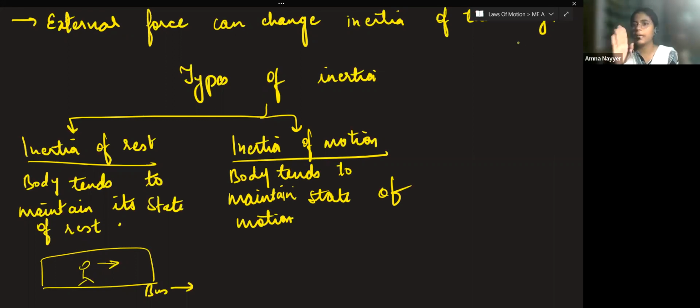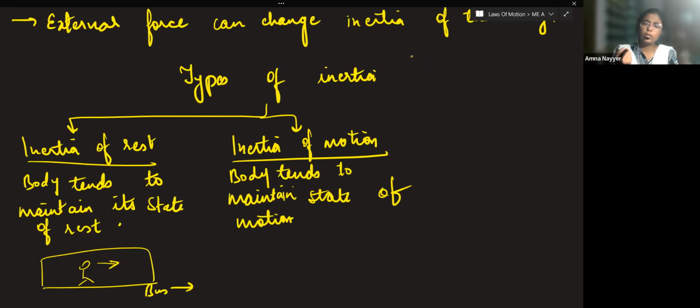If suddenly a brake is applied, what happens? Our body was in motion, the state was state of motion. As soon as the brake is applied, we tend to fall forward because the body was in the state of motion. Suddenly your body cannot go into state of rest.